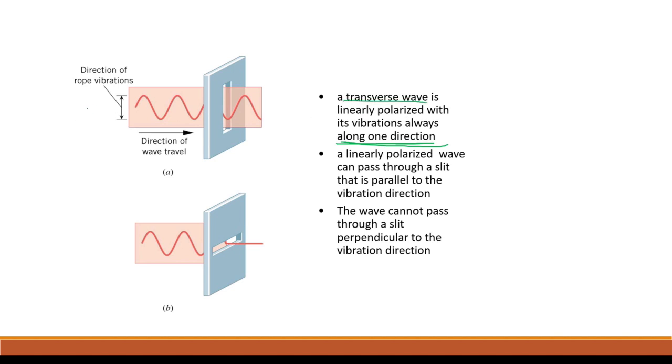As you can see in the diagram here, the direction of vibrations is up and down, and if our filter is up and down, then the wave can pass appropriately. However, if you were to make the slit or filter in a different direction from its linearly polarized one, it wouldn't be able to pass. And so the wave can't pass through this filter.